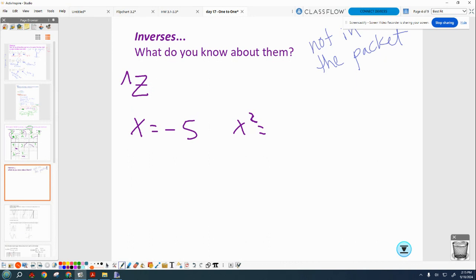If I put in -5, when I square that, what do I get? Positive 25. So what is the inverse of squared?